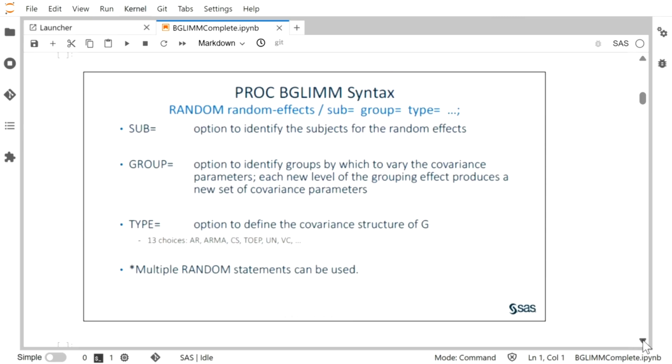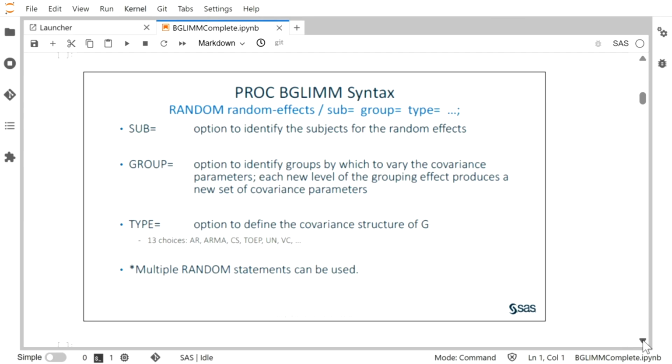When it comes to your random statement and your repeated statement, when you're talking about the G side and the R side random effects, if those are needed in your problem, you have a structure very similar to what you would have in PROC MIXED and PROC GLIMMIX. You have subject equals, group equals, type equals. Notice that 13 choices when it comes to what type of covariance structure you want to use for your G side matrix.